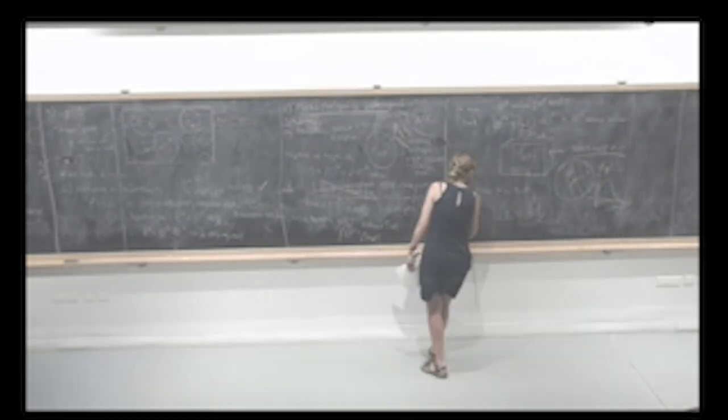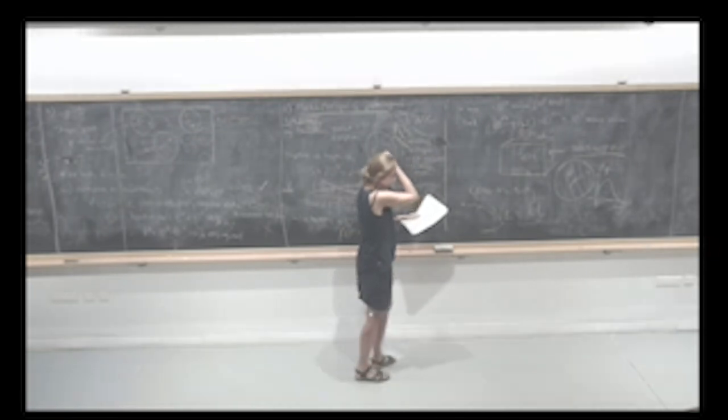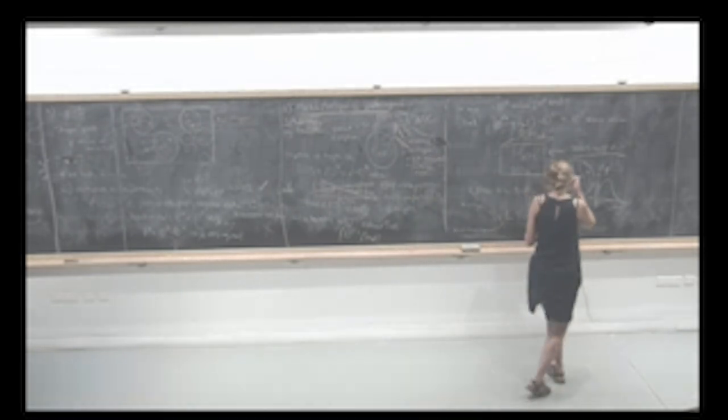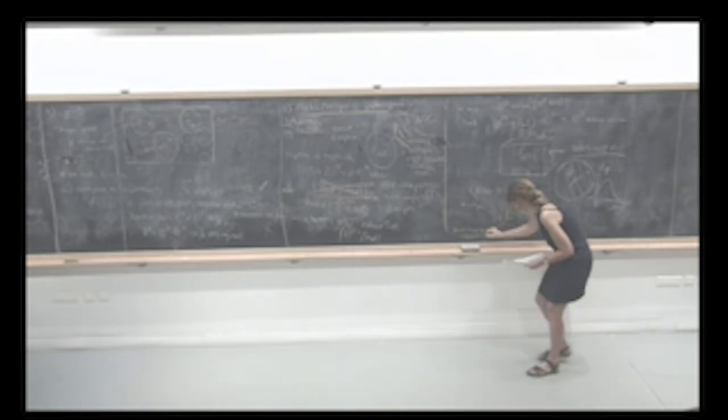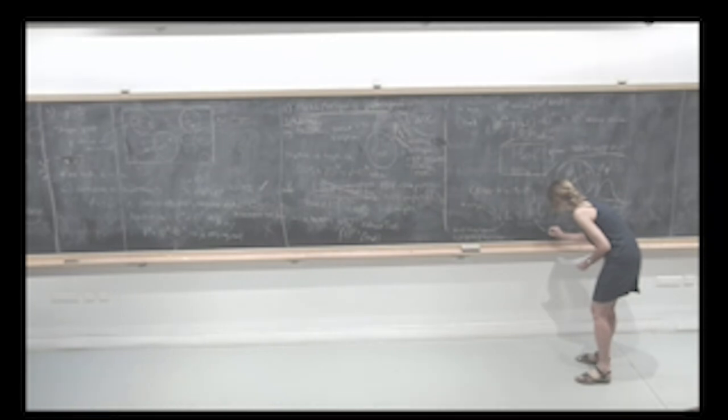So if N is my number of antigens, K is the number of receptors that can bind these antigens. R is the number of receptors total.